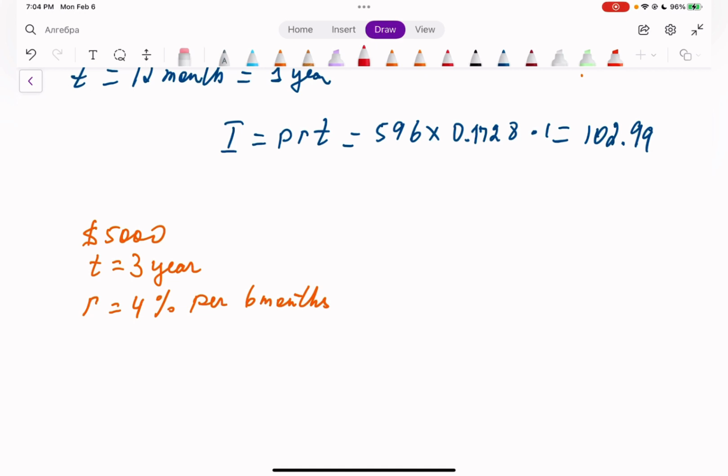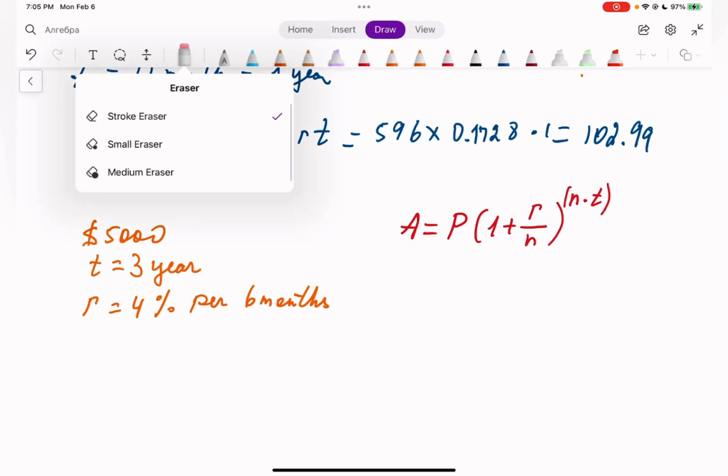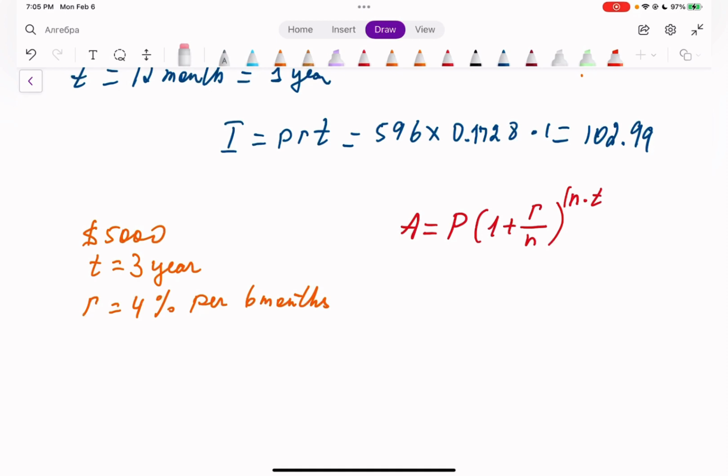A is equal to P times (1 plus r over n) to the power n times t. I will tell you what is what. Okay, n times t.